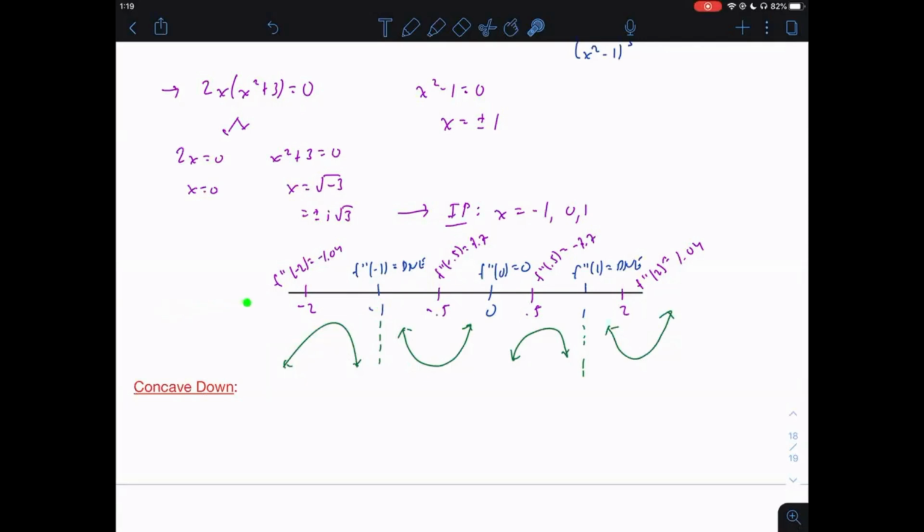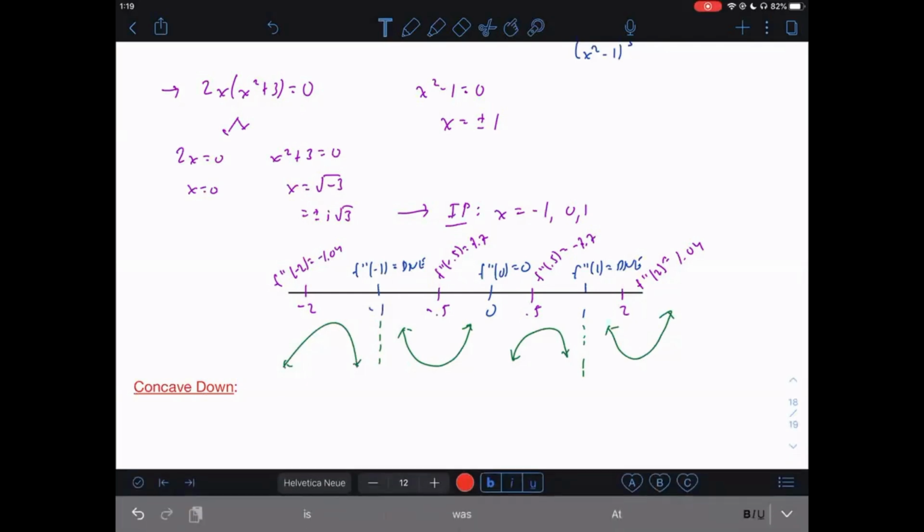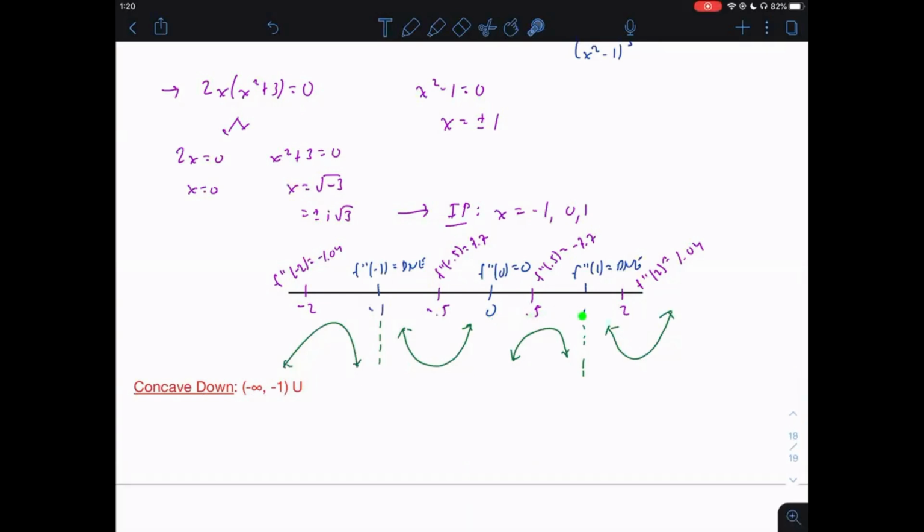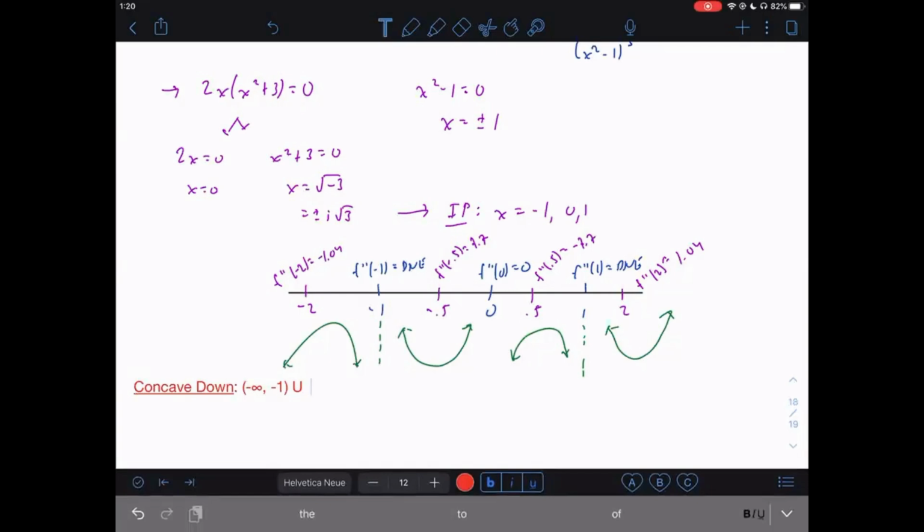So it's concave down from -infinity up to -1. And then it's concave down between 0 and 1. It's opening downwards once again from 0 to 1. So our function is concave down from -infinity to -1, and also from 0 to 1.